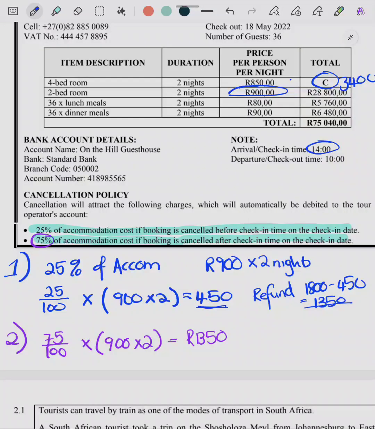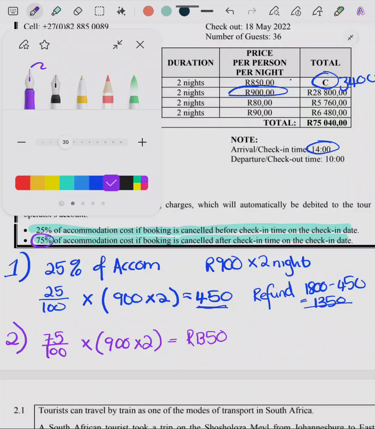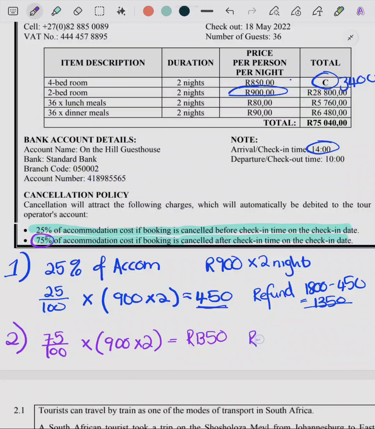Okay. The second person who cancelled later in the day, their refund is going to be 1,800 minus the 1,350, which is 450. Okay. It can be a little confusing because the values actually counter each other, but that's the idea.